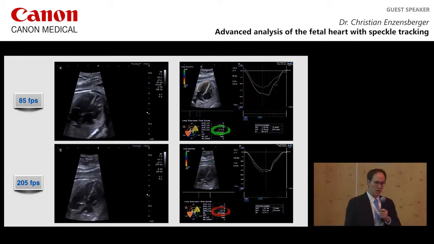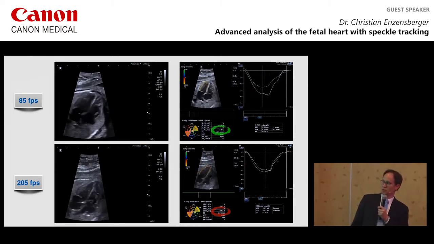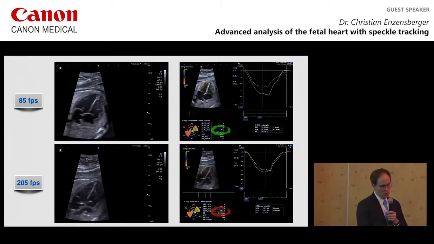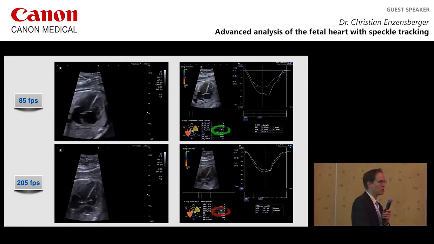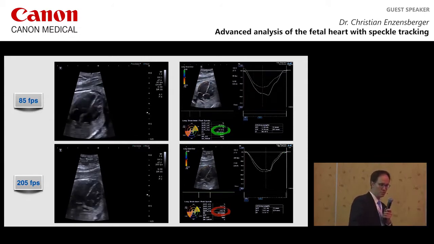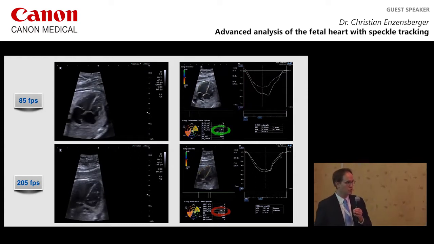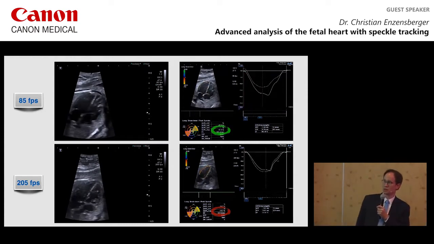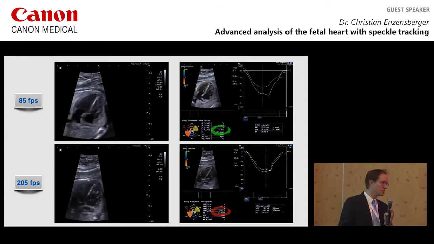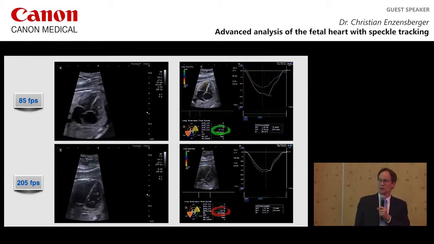This should show you that within one patient we have to think about the comparison of different longitudinal peak systolic strain values. Different vendors, different frame rates.